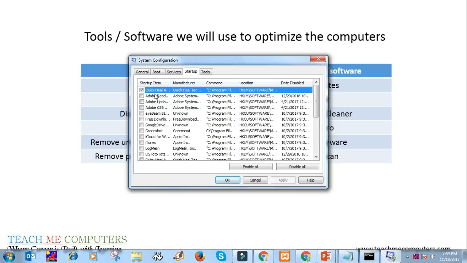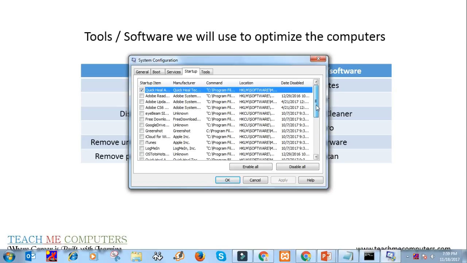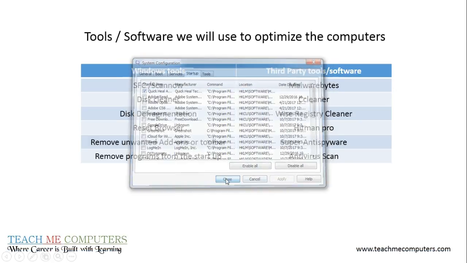Here you can see the list of software applications installed on this computer, and if you check the box for an application, it will load when your computer starts, which makes your computer slow. So always disable the applications which you don't want to start when you start your computer. You can keep any specific application on startup if you want, then click on Apply and click on OK.